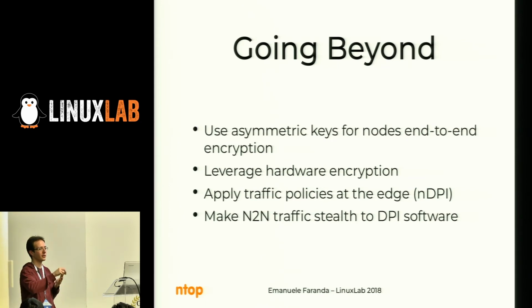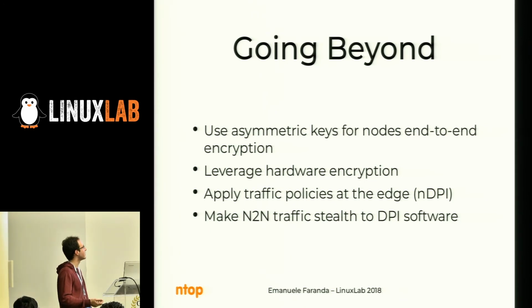So there is not actually end-to-end encryption. But if we can provide asymmetric keys for host-to-host communication, this would increase the possibilities. We also want to leverage hardware encryption, as I said before, to increase the encryption speed, because now it's really bad.